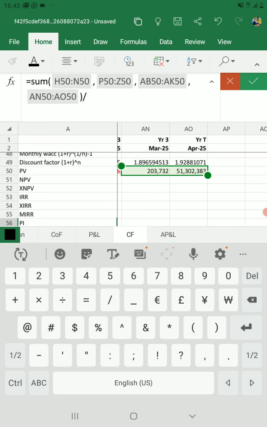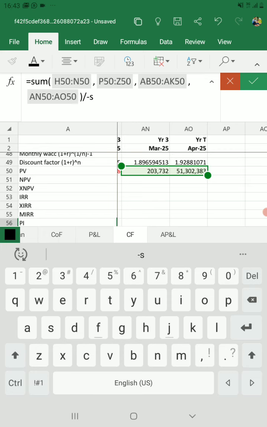by the negative, but I want the negative figures to be positive, so I start with negative number, and then I come to sum all negative PVs.